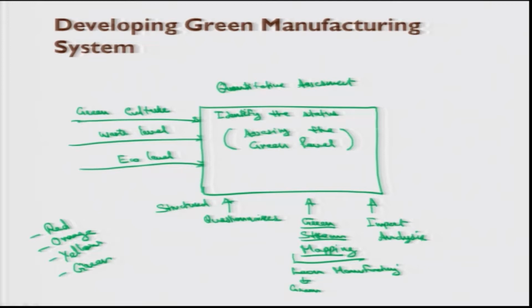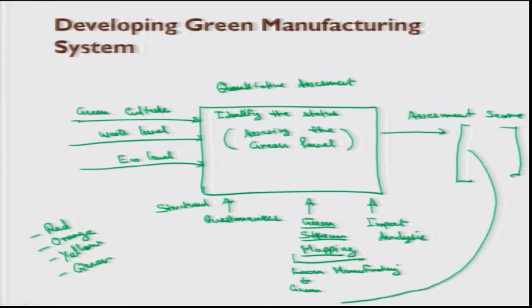In this case, we will have some assessment score that will put my manufacturing concern into one of the boxes here. For example, if I say it is orange here, then we need to move to the next step, from orange to yellow.